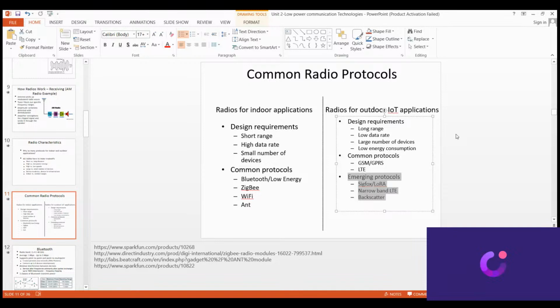And for those designed for outdoor IoT application, we equally have the design requirements as well as the common protocols and the emerging protocols.